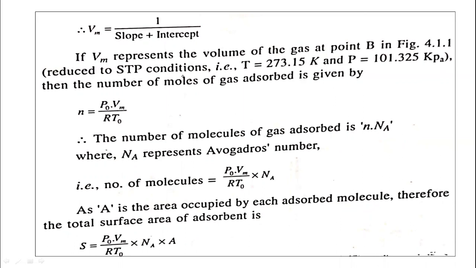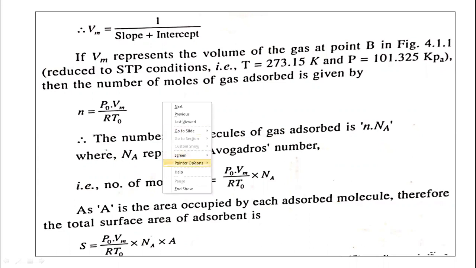It should be reduced to STP condition, standard temperature and pressure condition. That is, temperature is equal to 273.15 K, meaning 0 degrees centigrade, pressure is equal to 101.325 kilopascal. Then the number of moles of the gas adsorbed is given by number of moles.